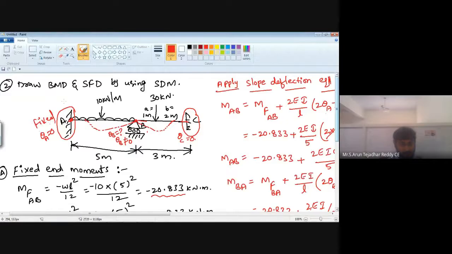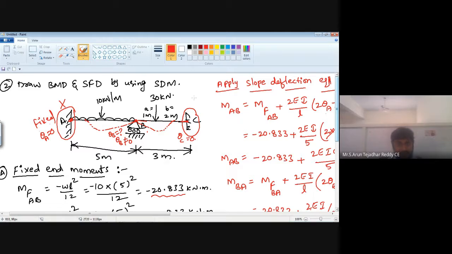So I will not choose A at present, but we'll see later. If I take joint C, I have only one member, that is CB, but I don't have any member on the right side.